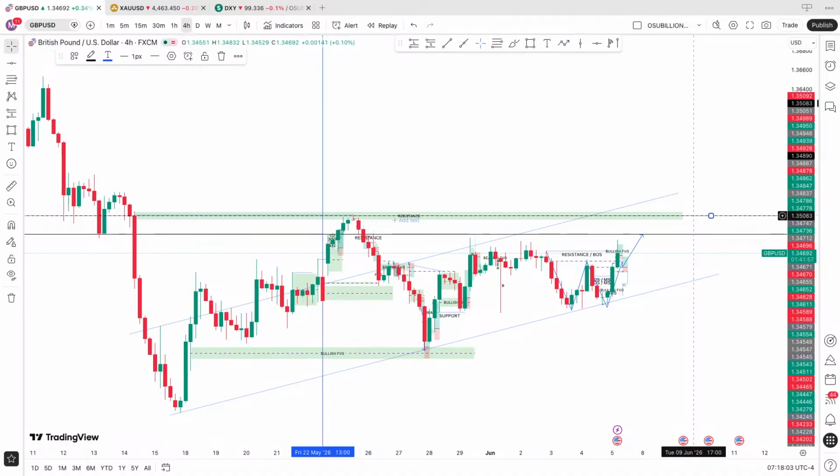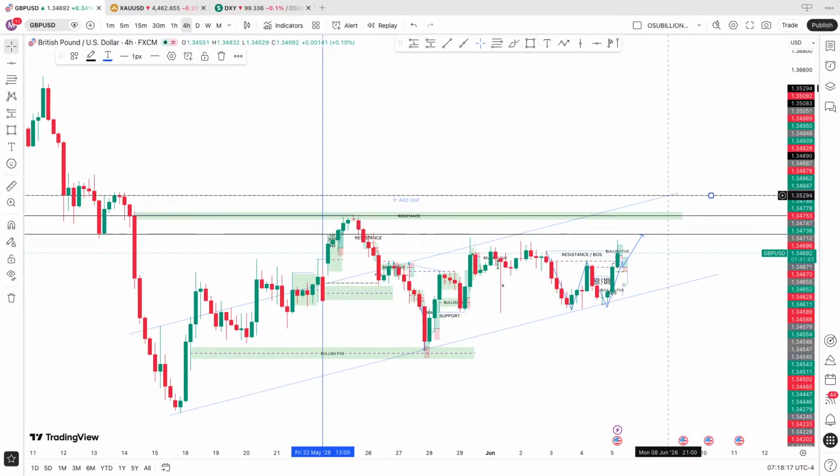And furthermore, looking at this point of interest that we have, it has a lot of liquidity in there. I am projecting that we'll be able to hit this mark, which is 1.35294.